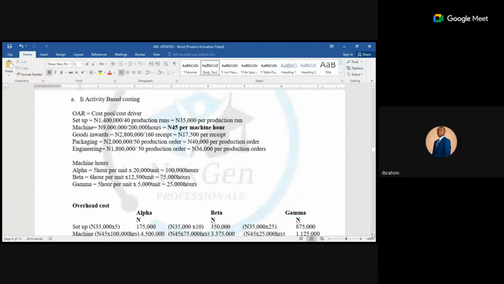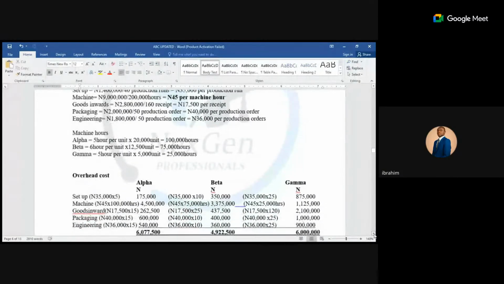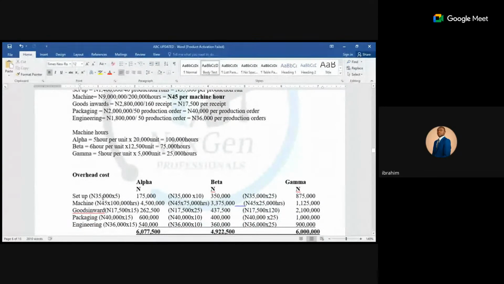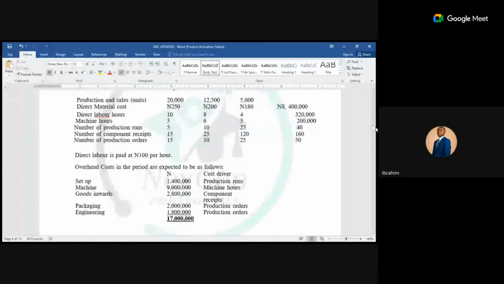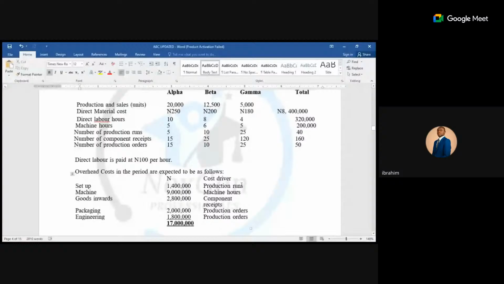And that is the reason why you see it here: 35,000 naira times 5. What is this 5? It is the production run for alpha. Can you see the production run? Setup is based on production run, and 5 is for alpha.